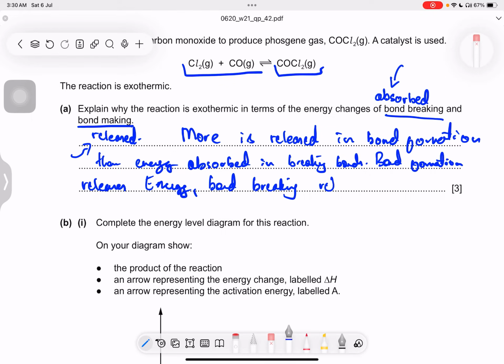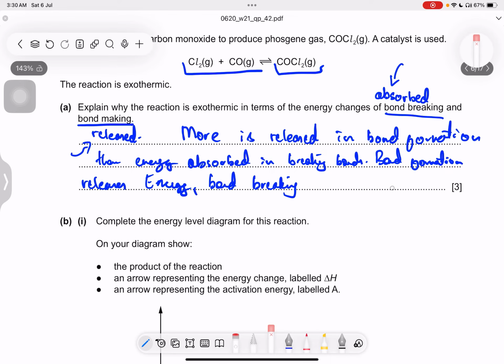Releases energy, better. Requires is incorrect. Bond formation releases energy, bond breaking absorbs energy. Oh, bond breaking, my bad. Bond formation releases energy and bond breaking absorbs energy.